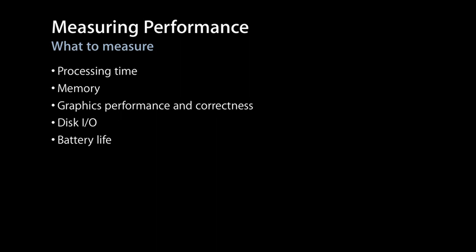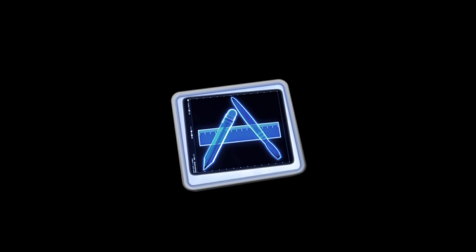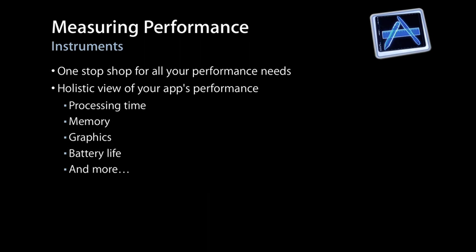And the best part about all of this is that you've got an application to help you do that in Instruments. Instruments is your one-stop shop for all your performance needs. It gives you a holistic view of your application's performance, so you can see things like processing time, memory, graphics, battery life, all of this information together in one place, side by side.